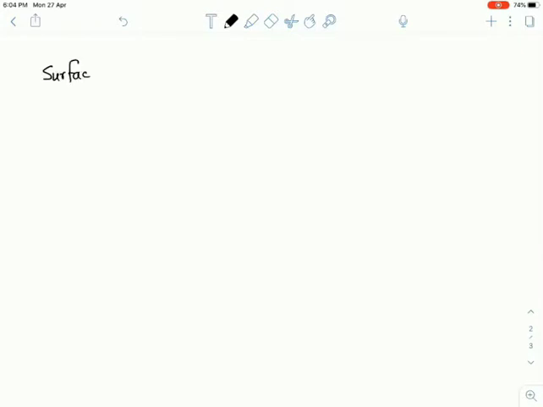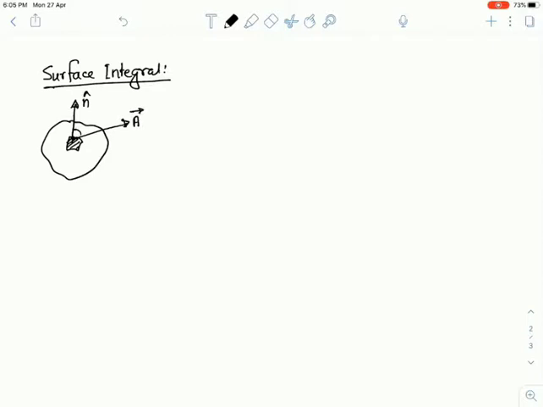Surface integral. Here consider a surface in the field of a vector A of any type or any shape. First we have to divide this surface into very small elemental areas ds. We see in the black rectangular box, that is ds.